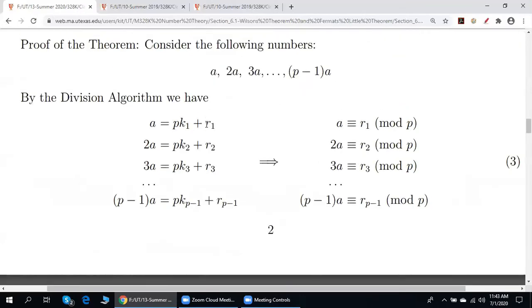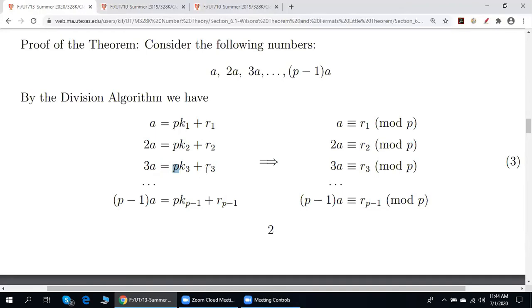For example, if R1 is equal to 0, A is equal to PK1, which means A is divisible by P. If R2 is equal to 0, 2A is equal to PK2, which means 2A is divisible by P. If R3 is equal to 0, 3A is equal to PK3, which means 3A is divisible by P.